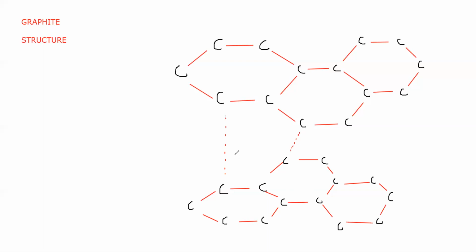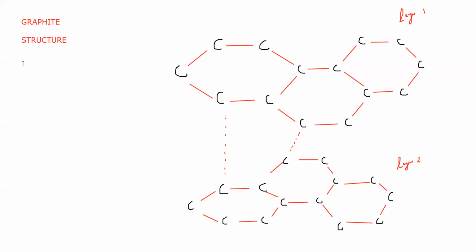If I say this is layer 1 and this is layer 2, this is an infinite number of atoms, because we can continue this, there will be more here. I did not draw that, but it has an infinite number of atoms, so it has a giant structure.